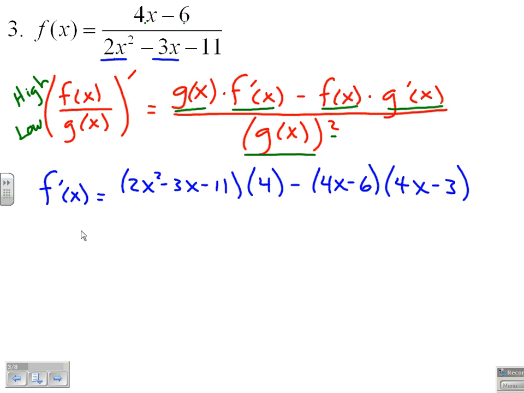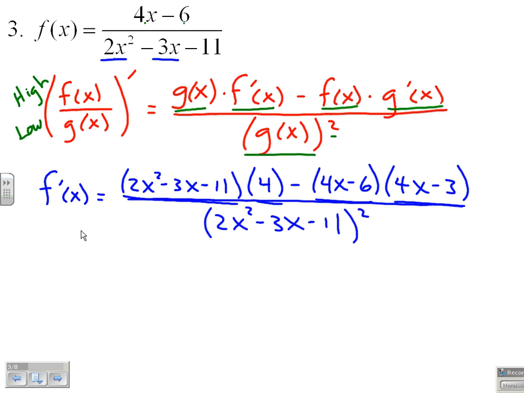So where are we at now? I've got low d high minus high d low over the square of the thing below. And once again, calculus, pretty easy.